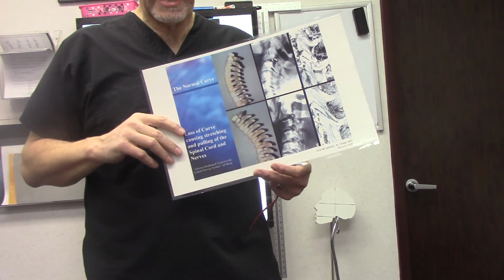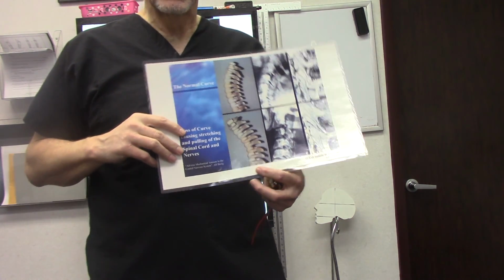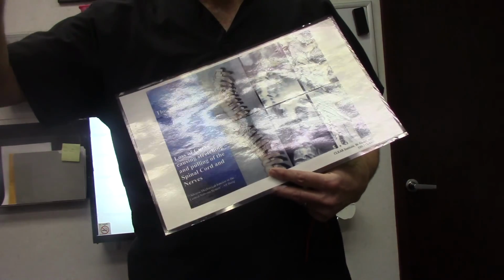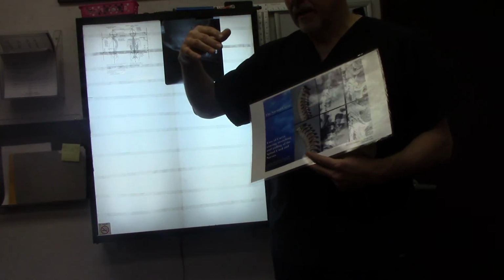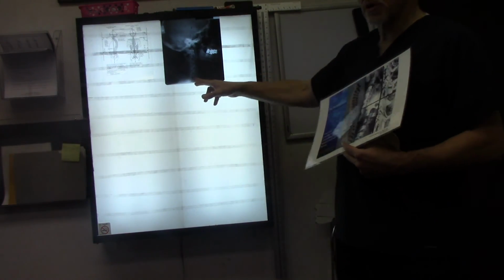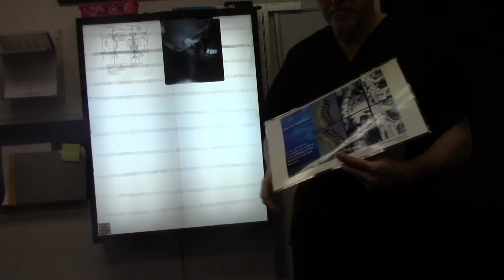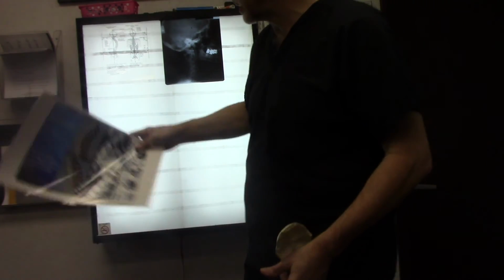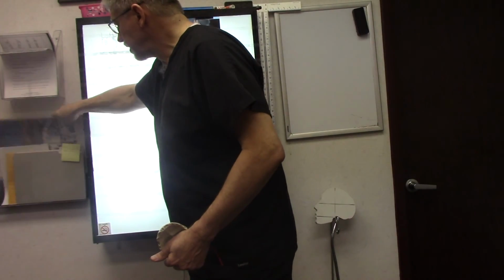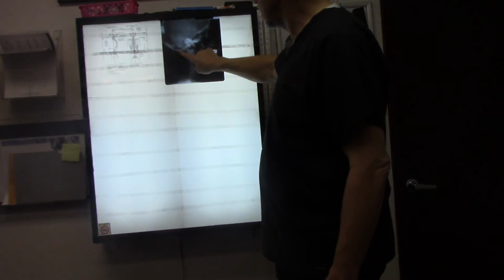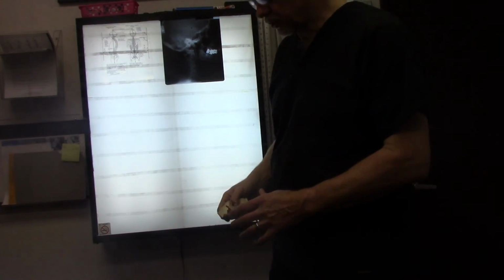So when we lose that curve, it stretches the cord all the way up to the pons, which goes to the cerebellum. So this is what a normal curve looks like. And notice too, here's the other piece, the biomechanical piece to the equation: you must have the skull and C1 parallel to one another at 18 degrees.